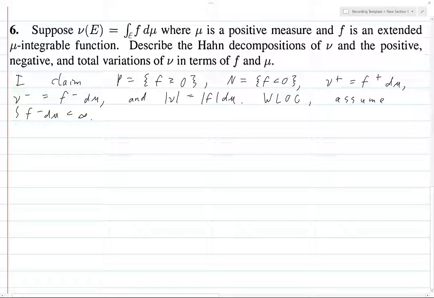So basically we can assume that either the integral of f minus d mu is finite, or the integral of f plus d mu is finite. And we're just going to take the minus case.